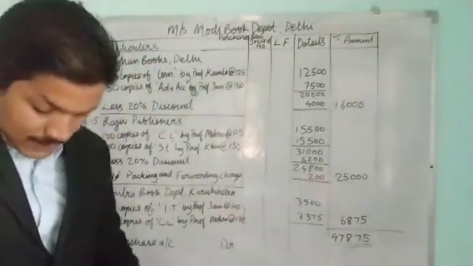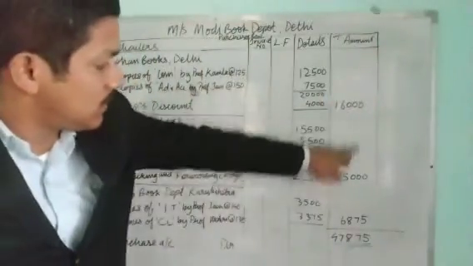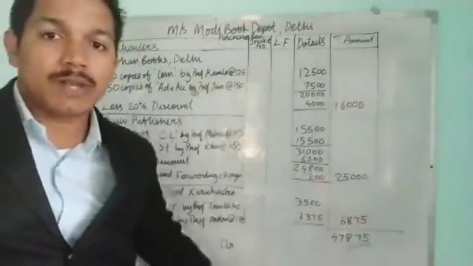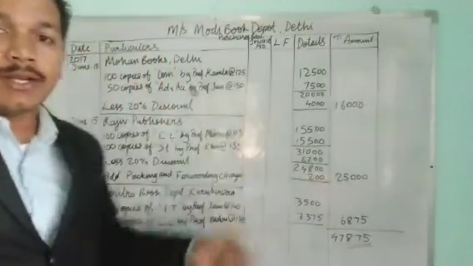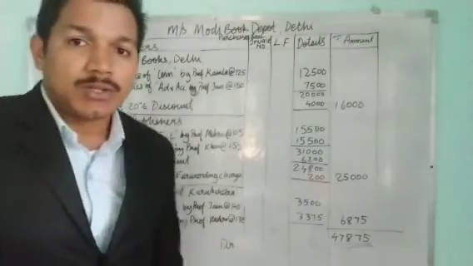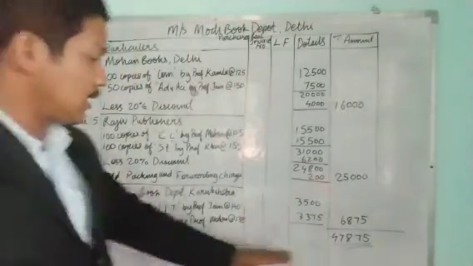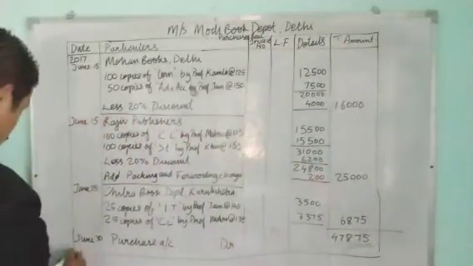Okay, so at last we have to calculate the total amount. Here all these totals we have to write and write the total amount, and this will be transferred to the debit side of the purchase account. So that transaction is clearly mentioned there. So after that we have to close the account fully.